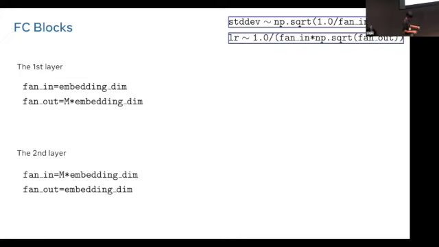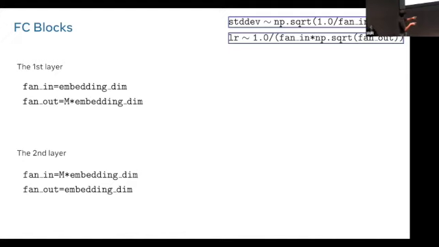In transformers, there's the attention block, and then there's the usual multi-layer perceptron, or fully connected network, block. This is the second main object, and it is usually a 2-layer network: you have the embedding dimension going to a larger space, m times the embedding dimension, and then coming back into the embedding dimension.